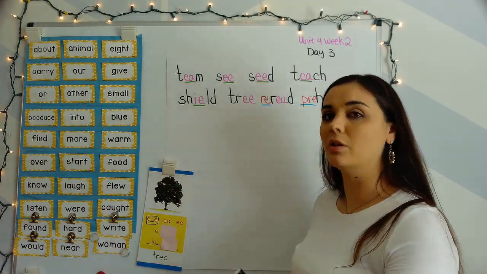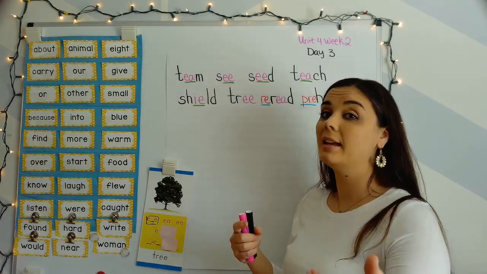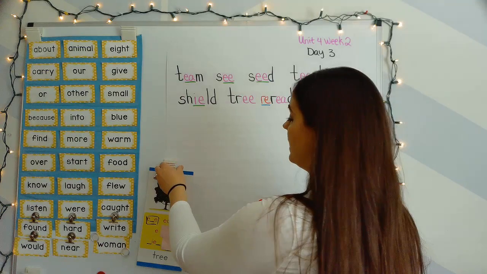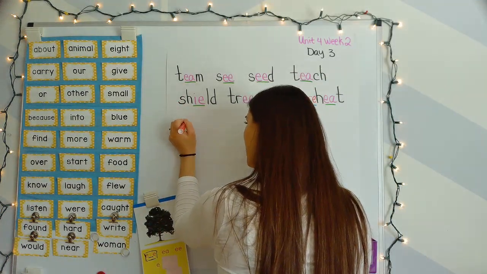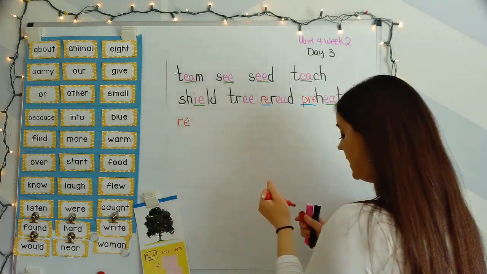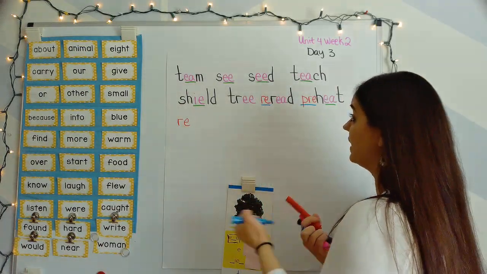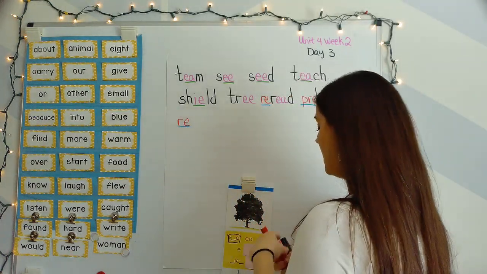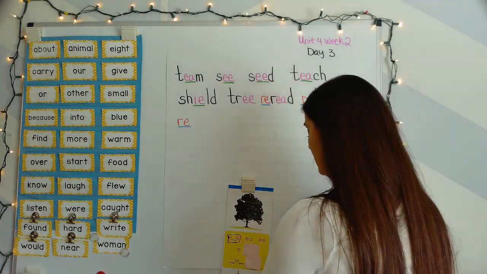Repaid. Your turn. Repaid. So I hear that prefix. I hear re. Okay? Remember that prefix, re, it means that you are going to do something again. And then the word was paid.